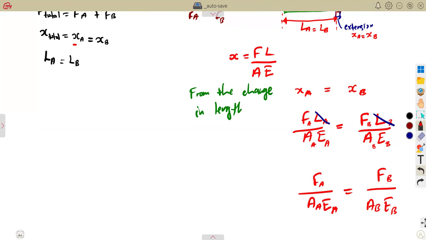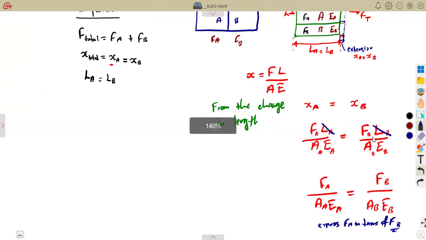You can even express FA in terms of FB if it's possible in your calculations. That can even help you to calculate the forces, whatever you have, with the total force that we had before.